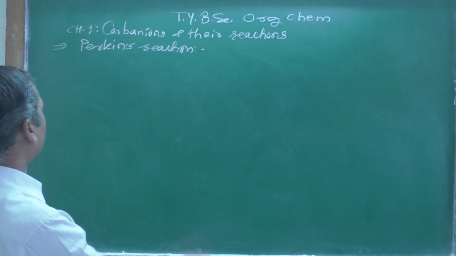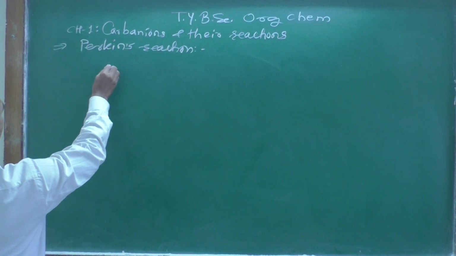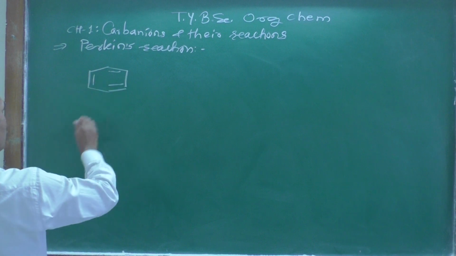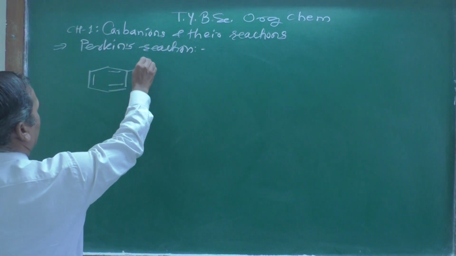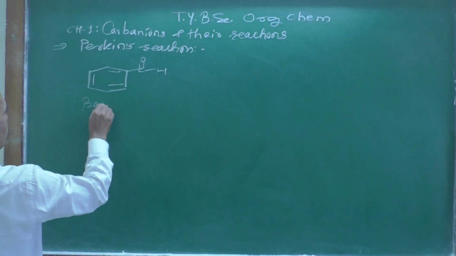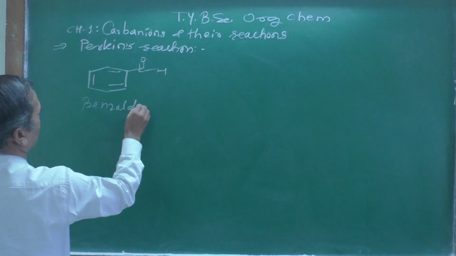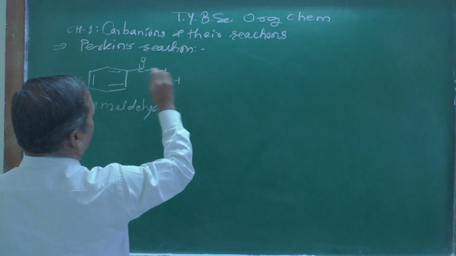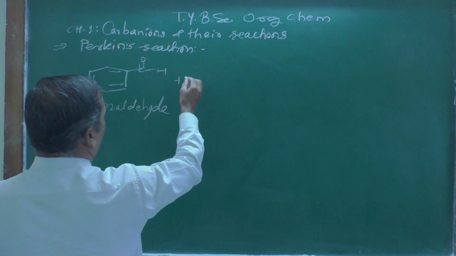So first, let me take benzaldehyde as a starting material. Everybody knows the structure of benzaldehyde, C double bond O, H. This is the structure of benzaldehyde, and it will be treated with acetic anhydride.